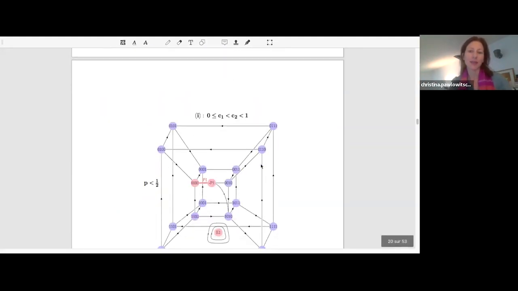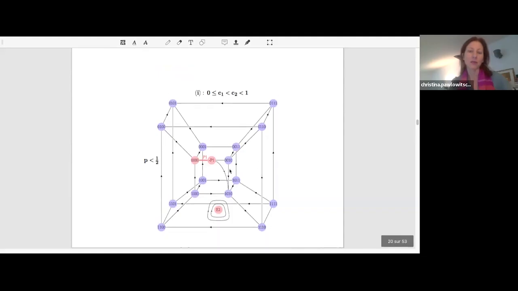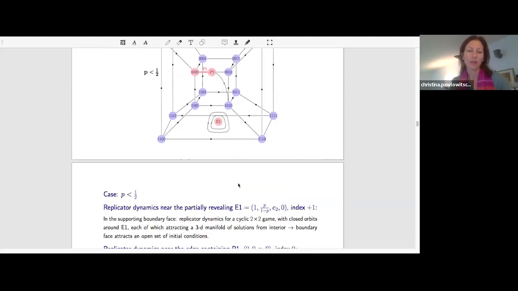And this is what allows us to get these dynamic results, because we have simplified the dynamics, so to say.